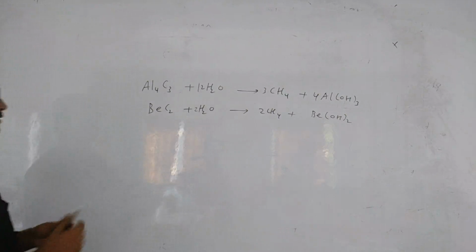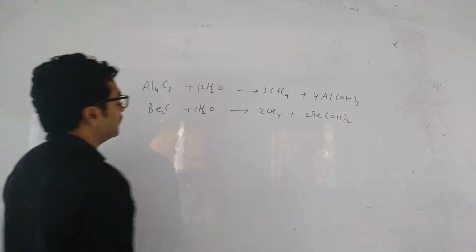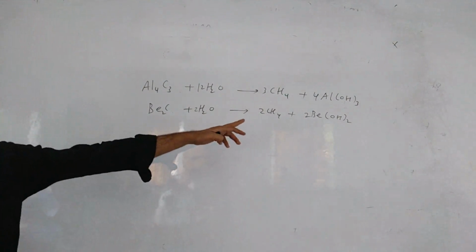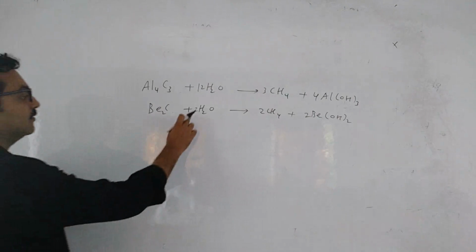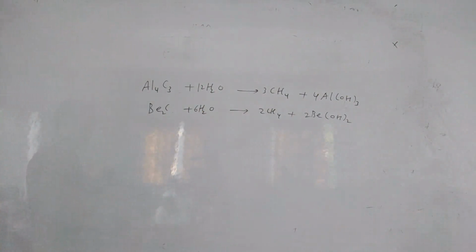Be2C. Okay, wait. This is Be2C. So here 2 Be and 2 methane will come. Now check the water molecules. 2 twos are 4 plus 8, 12 are there. So I can write here 6. Balanced? No.